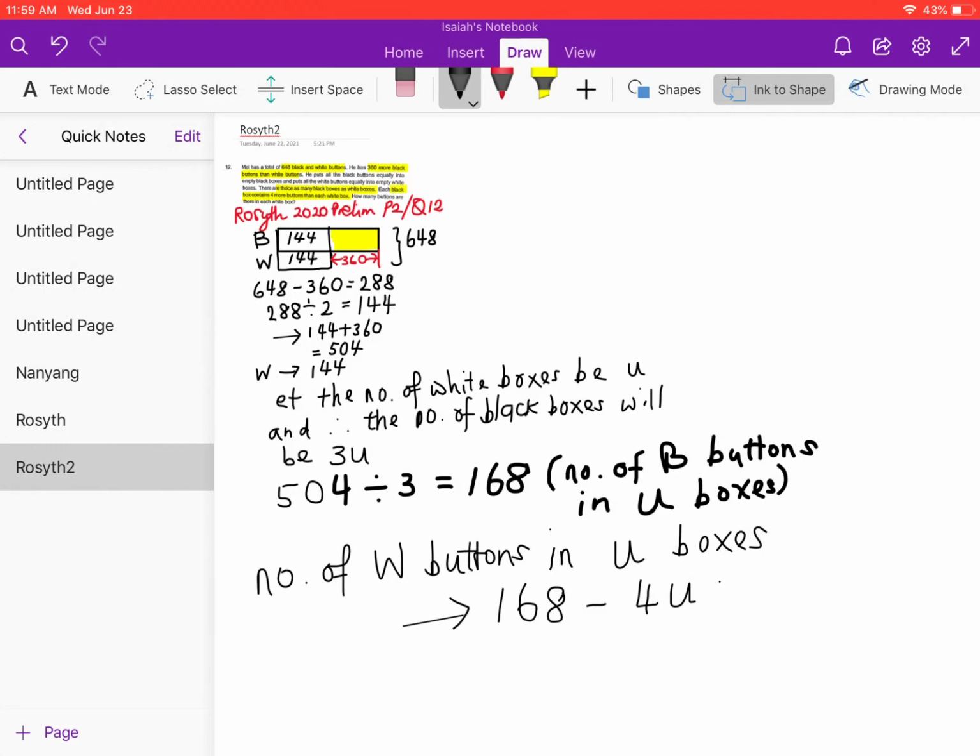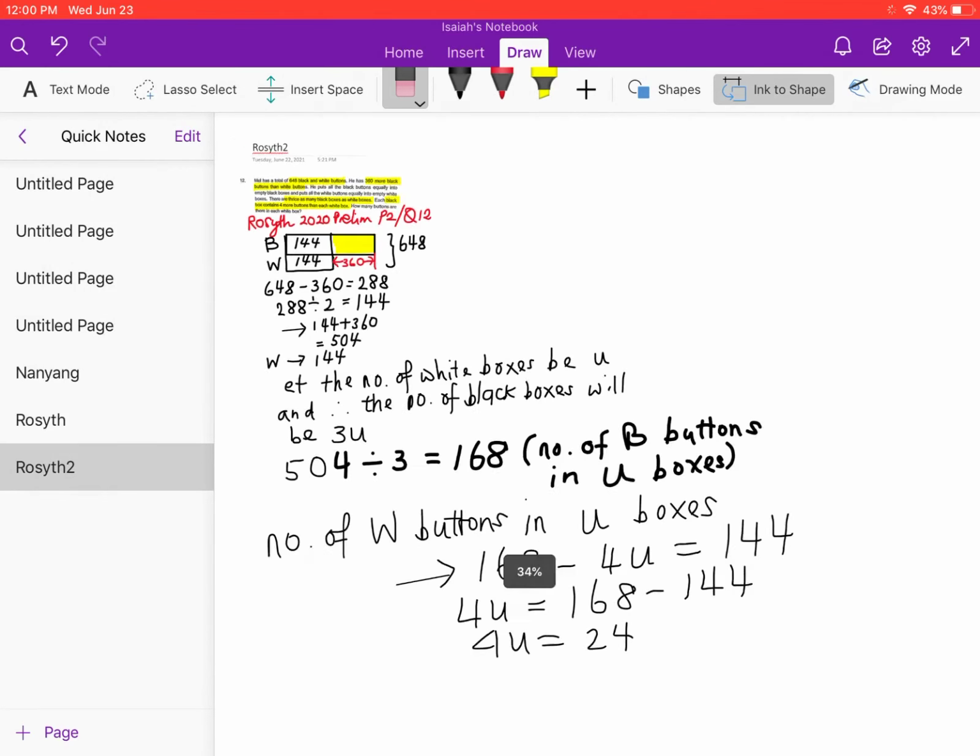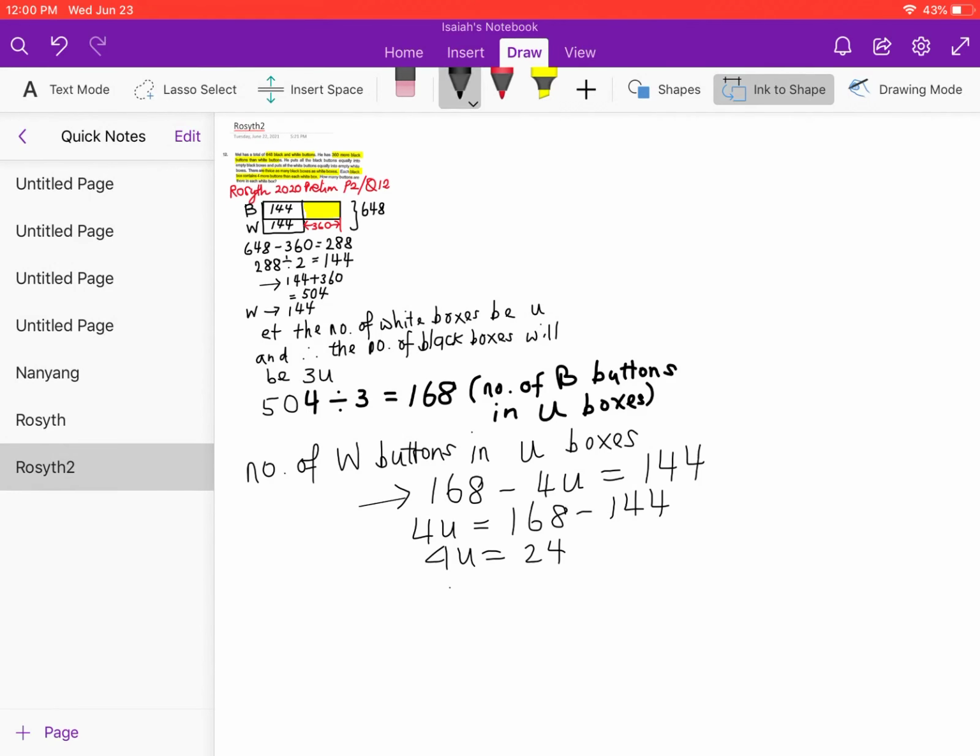And since there are only U boxes of white buttons, the total number of buttons here should be equal to 144. So if we solve this equation, you will find that 4U is equal to 24, and U works out to be 6.